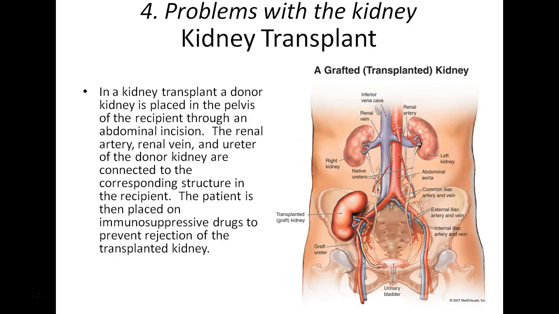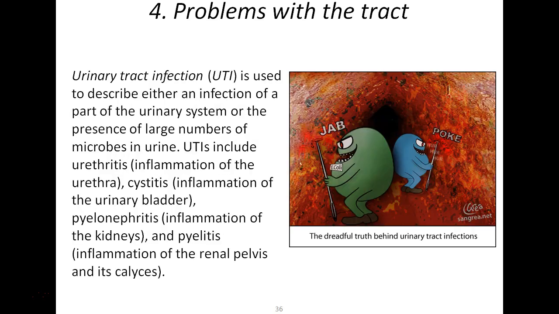The renal artery, renal vein, and ureter of the donor kidney are connected to the corresponding structure in the recipient. What happens, though, is this transplanted kidney is going to be considered foreign tissue, so the body is going to reject it. Therefore, immunosuppressant drugs are regularly administered to suppress the immune system's activity. And the recipient of this kidney may need to take these drugs for the remainder of his or her lifetime.